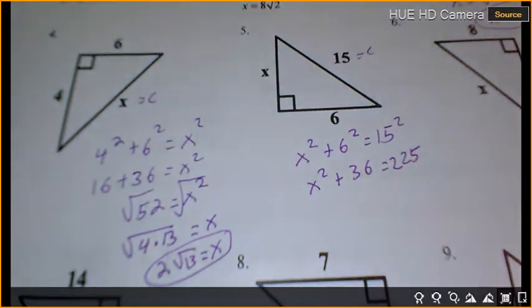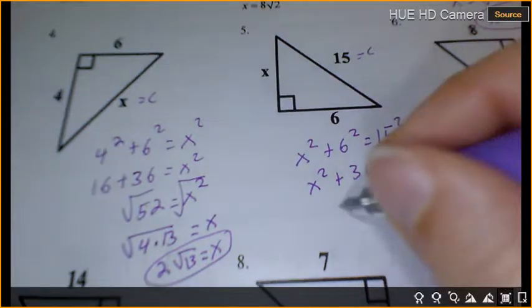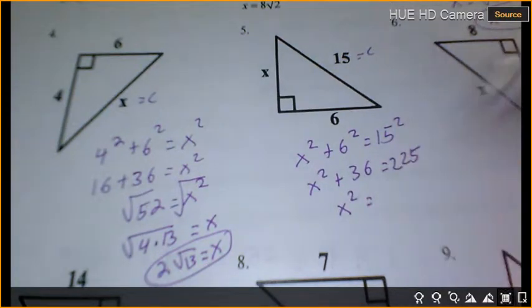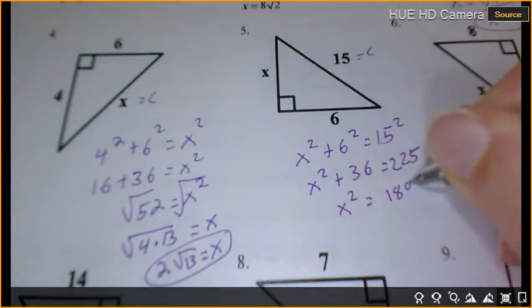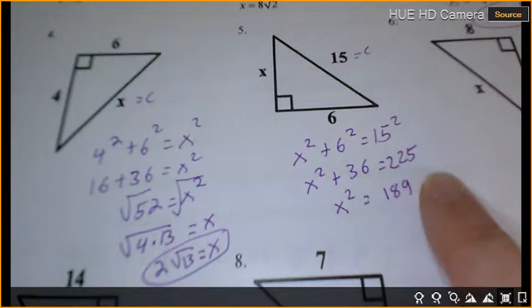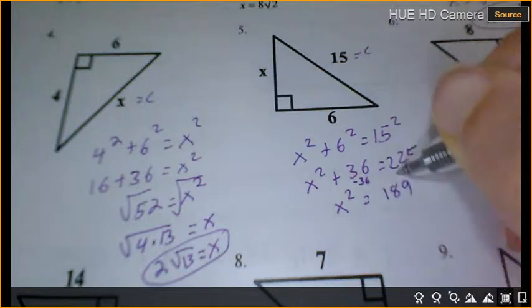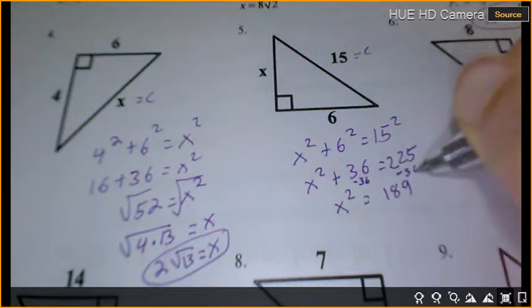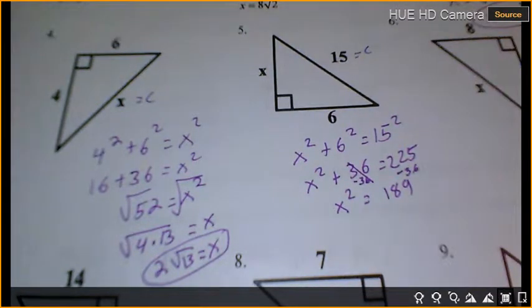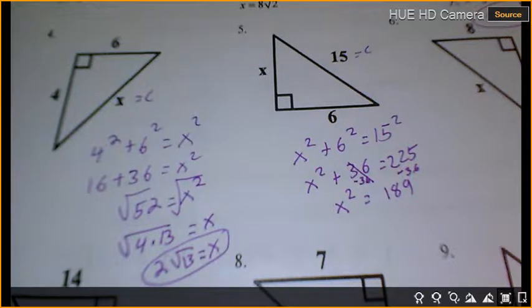So we're going to go 225 minus 36, and we get x squared equals 189. You guys okay with me not doing minus 36 to both sides? Yeah. You'd rather me do it in there? Okay. I minus 36. That's how I got that. Okay? Now we need to find the square root of 189.